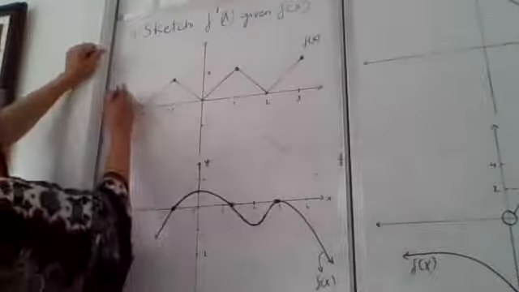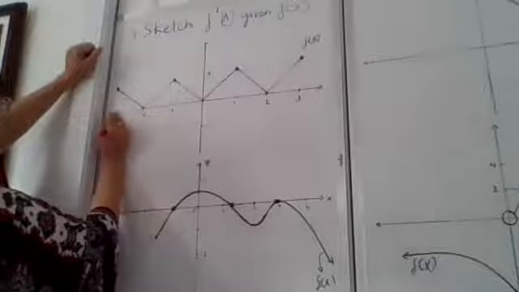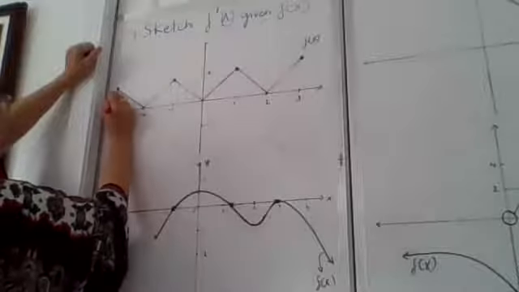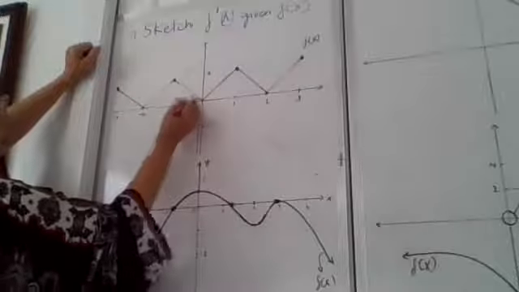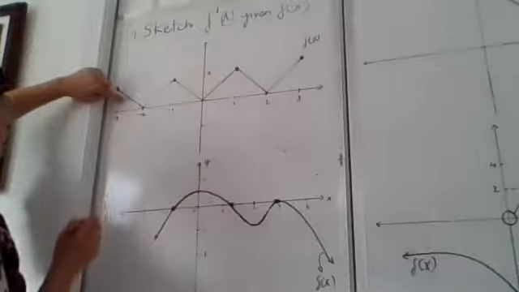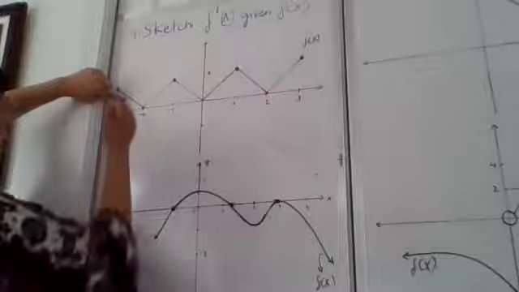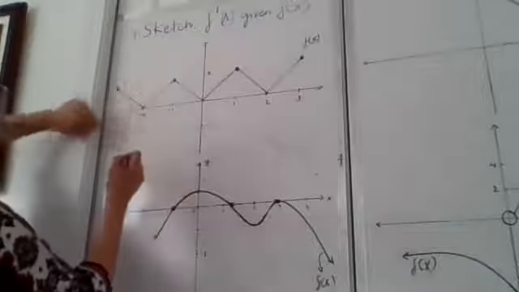So let's check the slope of this linear line. From here to here is the rise, and if we draw the vertical here, it is 1 unit. From here to here is 1 unit. So this linear has a slope of 1, and the function is decreasing.